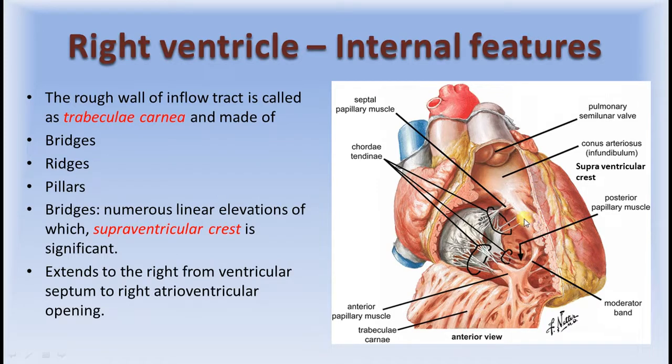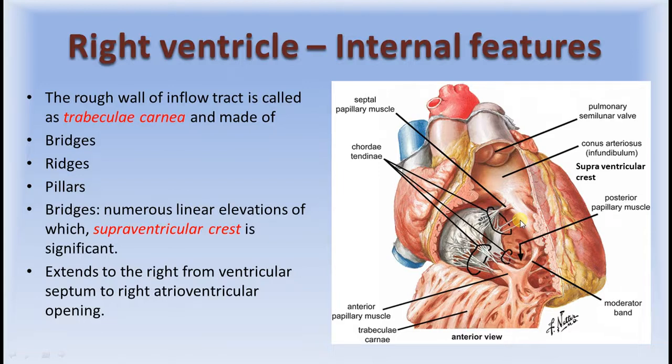It is actually developed from the bulboventricular flange. This is the ventricular part, and this is the bulbous part. That is the demarcation between the inflow tract and the outflow tract. The bulbus cordis can again be divided into conus and truncus. So that is about the supraventricular crest.